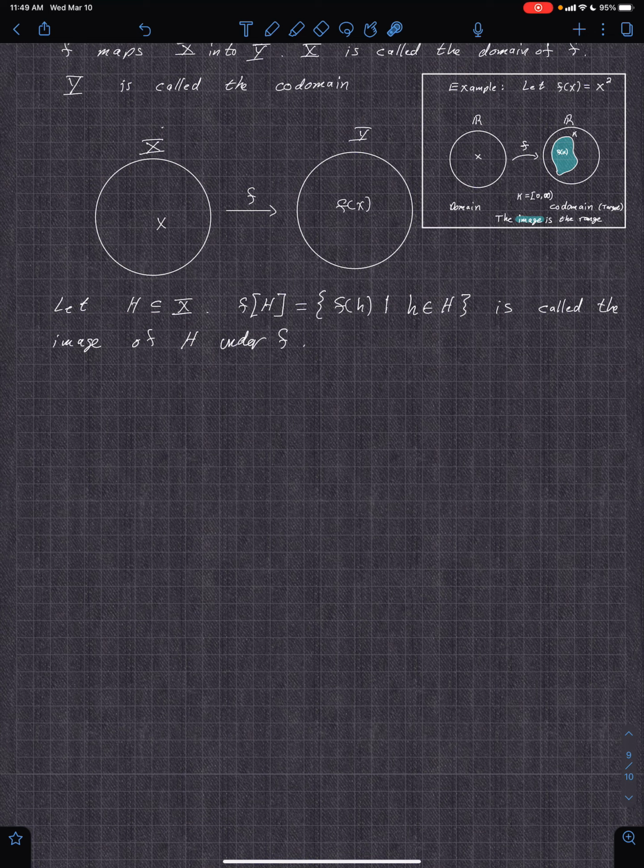If you have a domain restriction, we're going to call that H, and whatever you get on the other side is your image of H under F. I have some examples of that below.